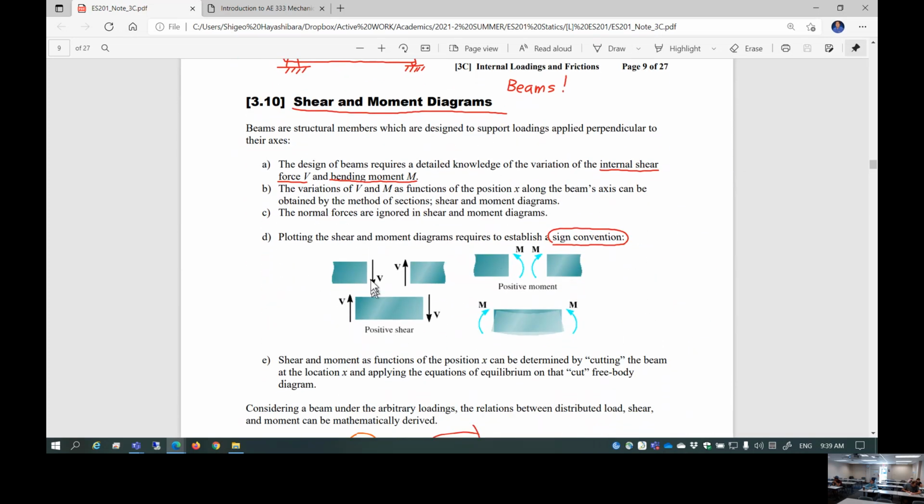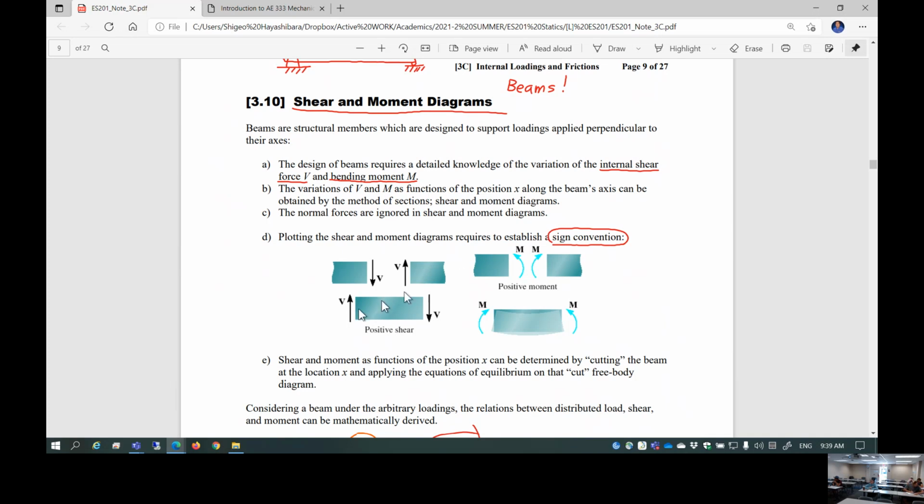If you cut and expose the right-hand side of a free body diagram, this is the positive direction of shear, and this is the positive direction of moment. Of course, normal reaction force we ignore because it's usually zero for a beam. If you cut and expose the left-hand side, this is the positive direction of shear and this is the positive direction of moment.